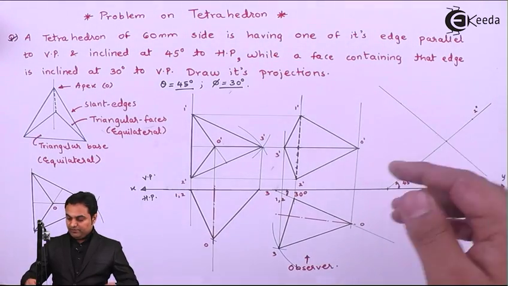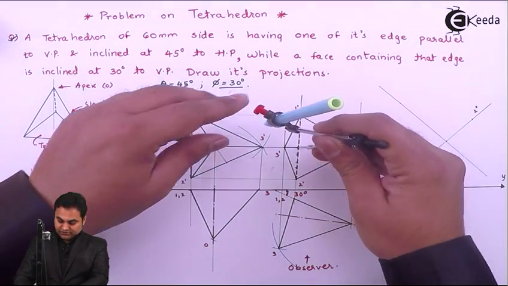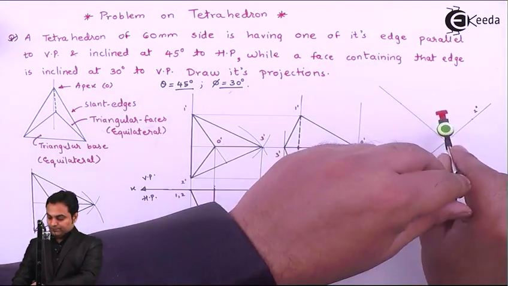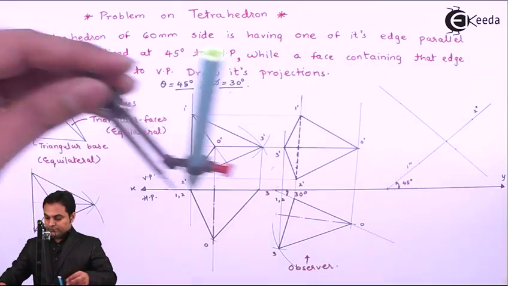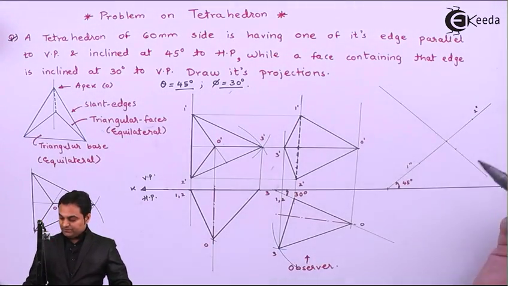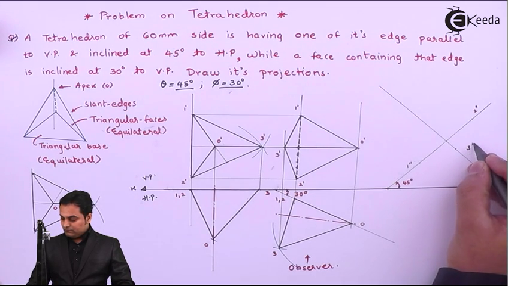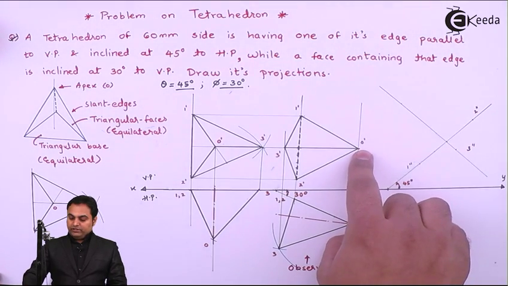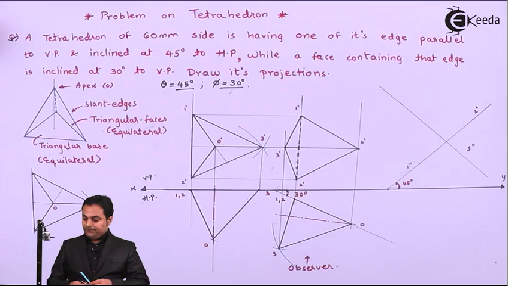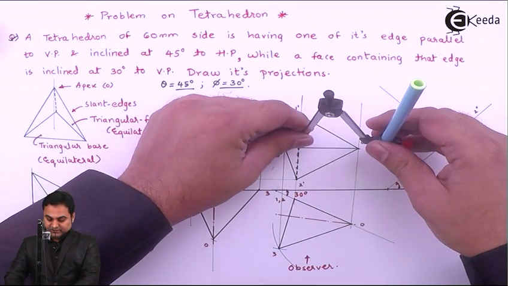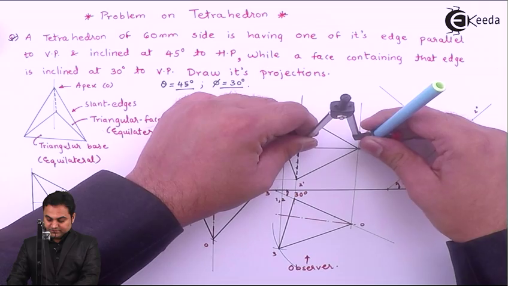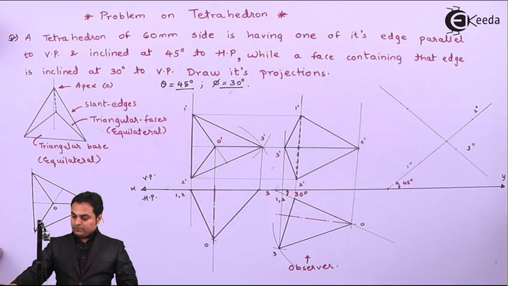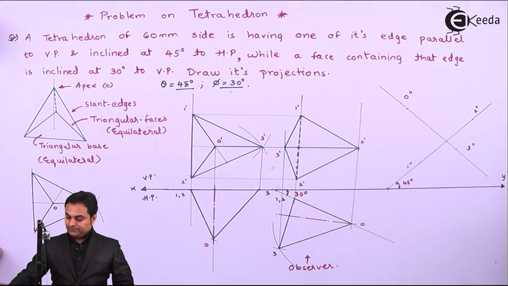So point number 3 will be below this. So measuring this distance of point 3, keeping it over here and marking it on this side. So that gives me the point 3 double dash. Now after getting 3 double dash, on this same line there is O dash, which is the apex. For that I'll take the distance from 1 dash 2 dash, this edge, up to the apex. And this gives me O double dash.